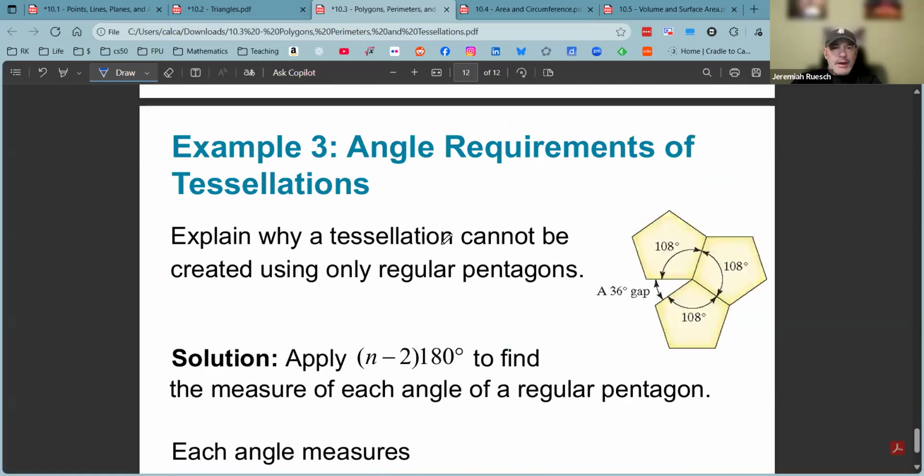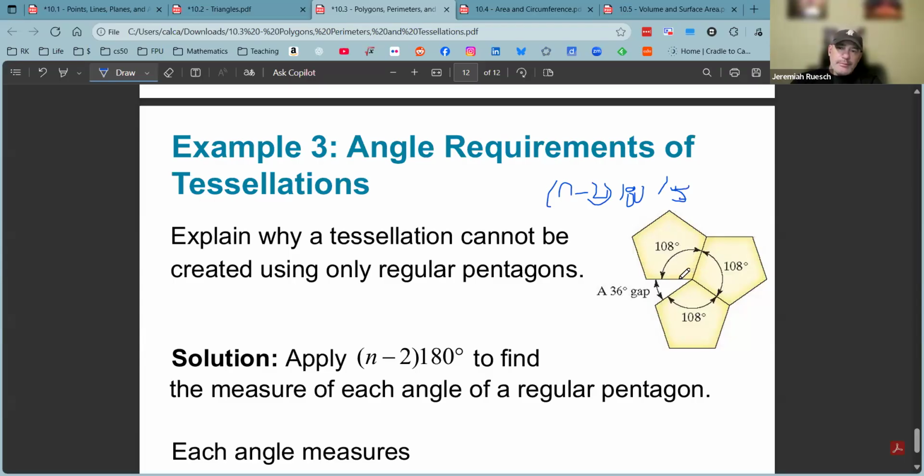All right. Angle requirements and tessellations. Explain why a tessellation cannot be created using only regular pentagons. Well, the measure of the interior angle of a regular pentagon is 108 degrees, which we've found by n minus 2 times 180, and then you divide by 5 because that's what each of the interior angles is.